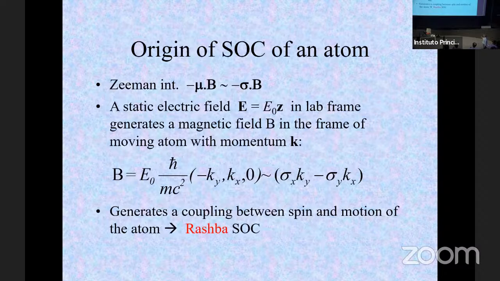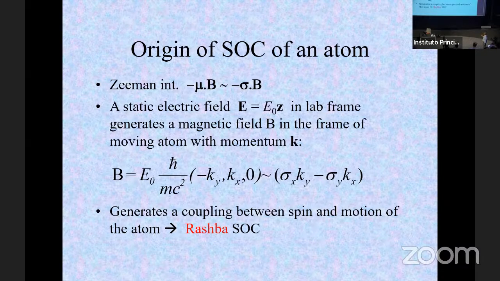So we see that a Zeeman interaction is typically represented by mu dot B, and mu is proportional to spin, so spin dot B. Now put the atom in a static electric field, the simplest model.